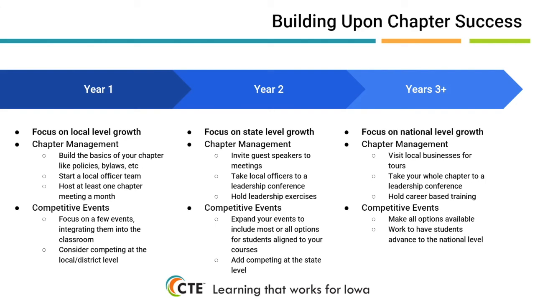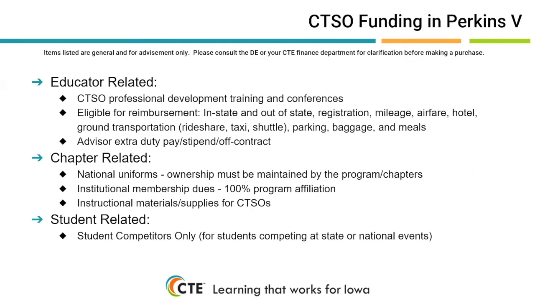For competitive events, this is when all options become available to students, and you begin to ensure that those students are working to advance to the national level of contests. Again, this is just a sample of what you might do that illustrates exactly how you don't have to do everything that is offered by the CTSO in year one.